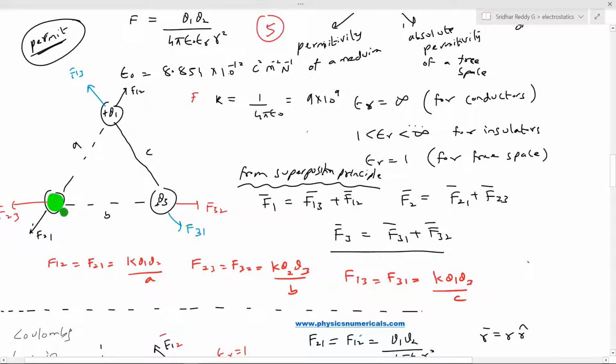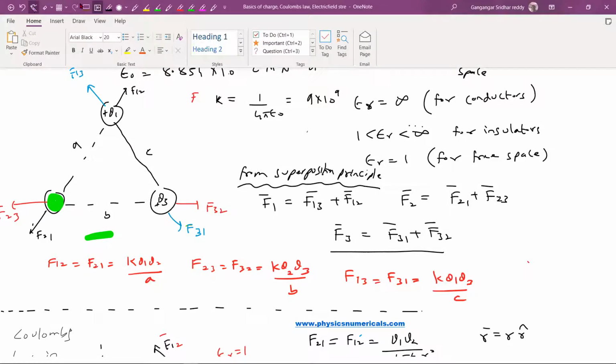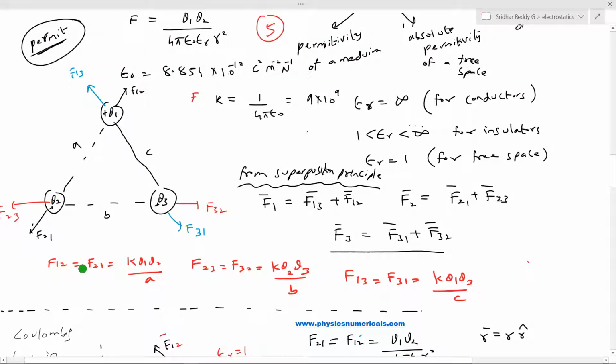So this Q2 will not have any influence. Okay, getting this one?